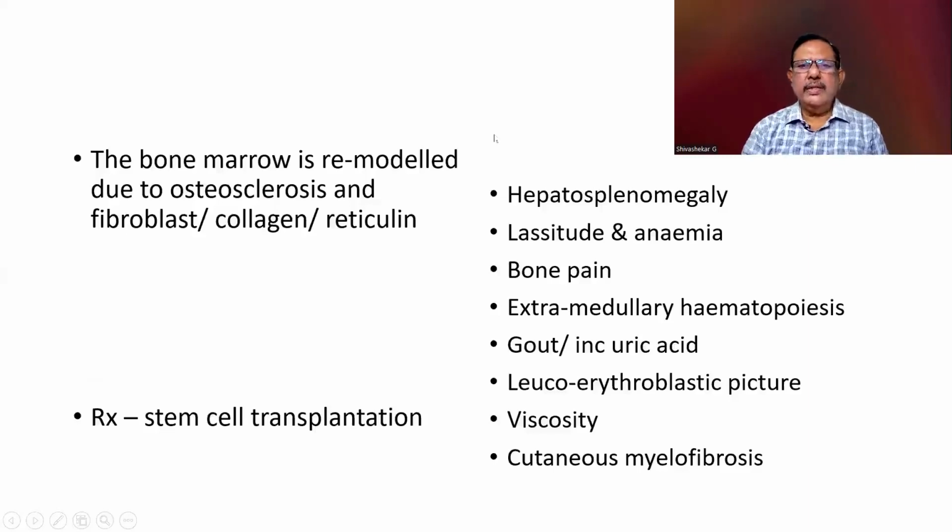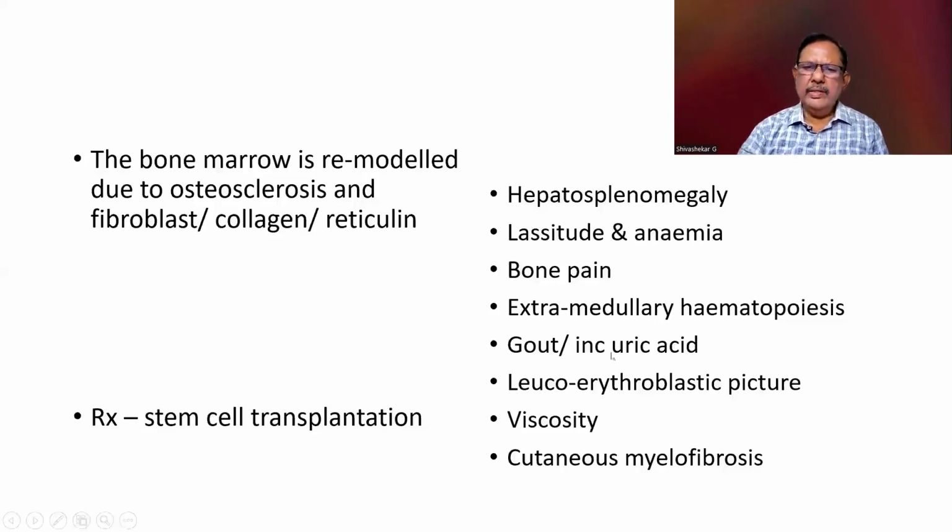The features are thus. There can be a hepatosplenomegaly because there will be an extramedullary hematopoiesis. Lassitude and anemia, obviously because there is no active erythropoiesis possible. Bone pain, again the bone marrow is attempting to expand. Extramedullary hematopoiesis will be seen.